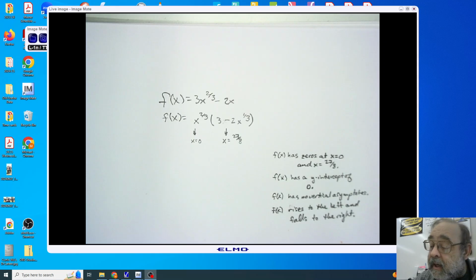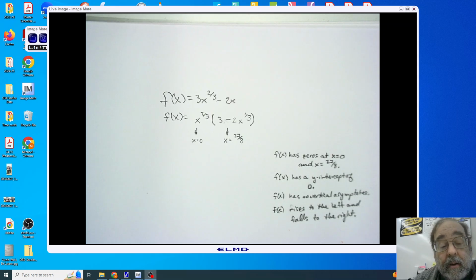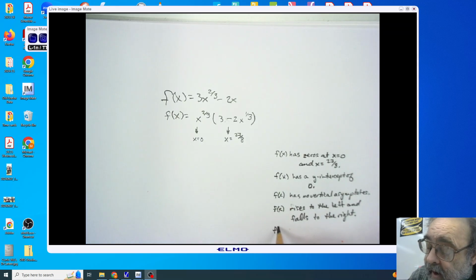There are no slant or horizontal asymptotes, so let's write that down. f of x has no slanting nor horizontal asymptotes.